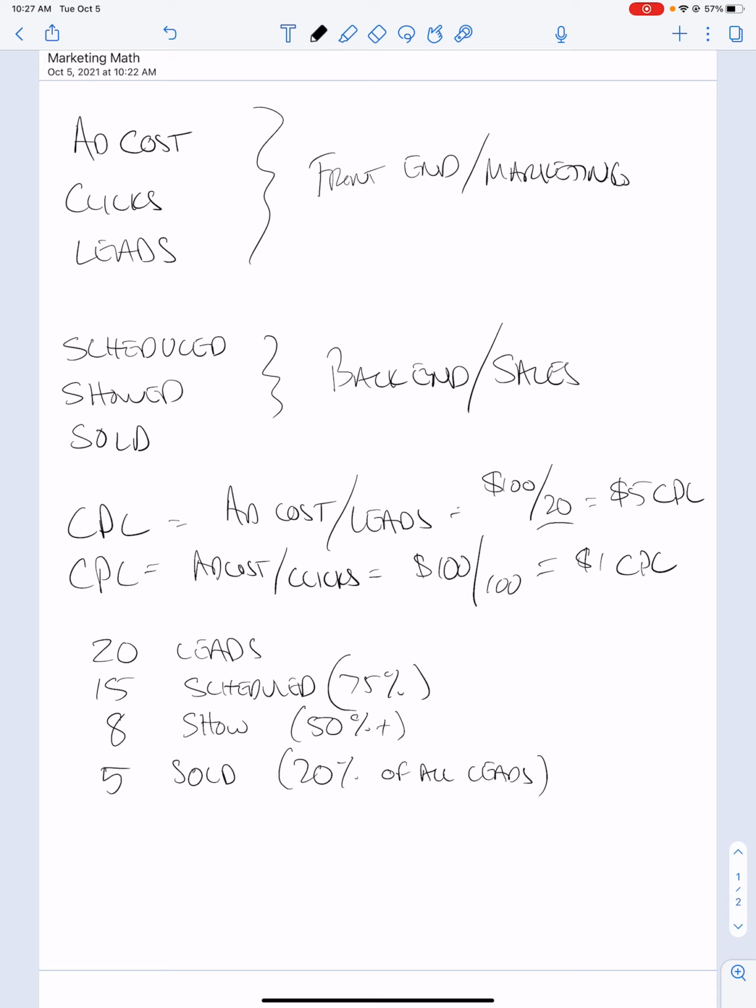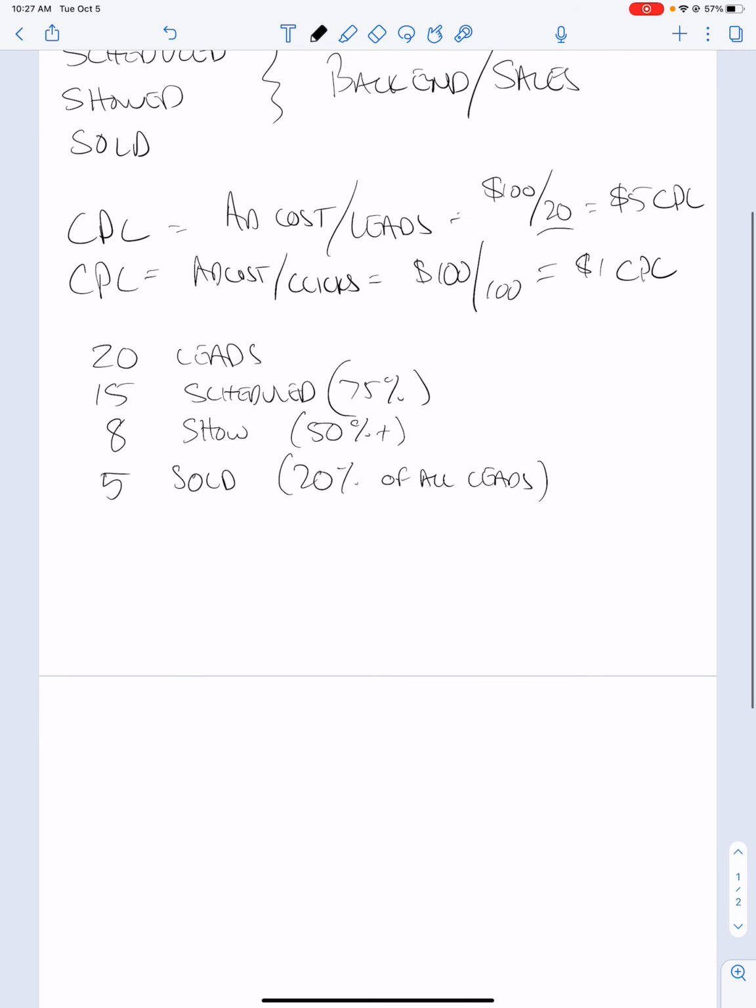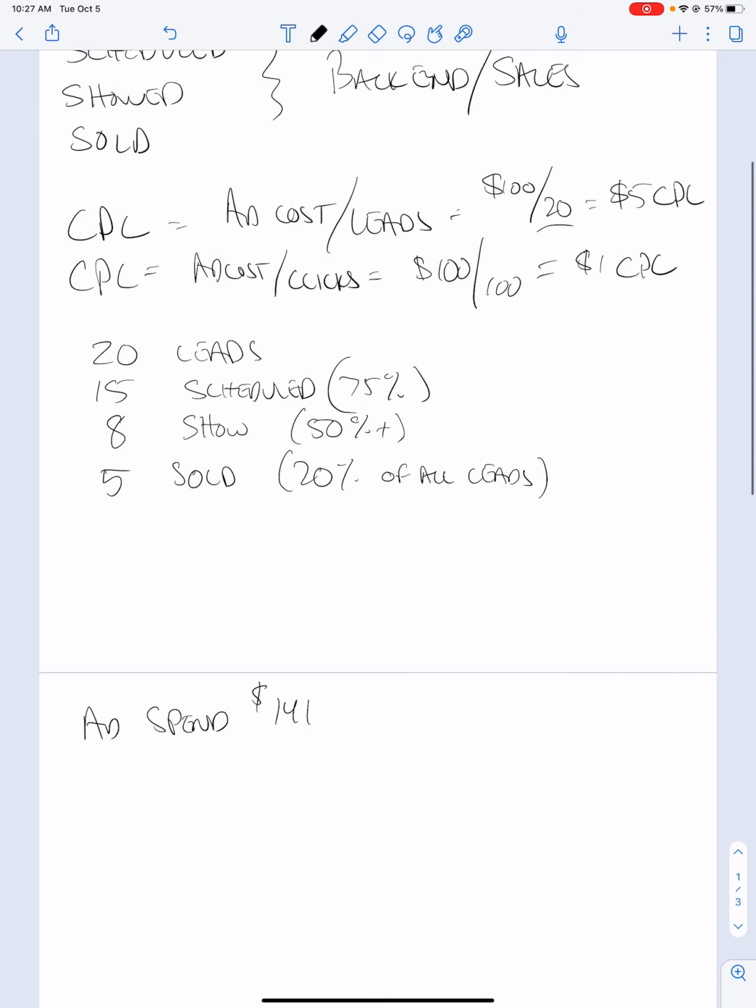What is your closing percent on all leads? That's very important. For example, yesterday, how much did we spend in ad spend? $141.29. How many clicks did we get? 466. How many leads? 32.